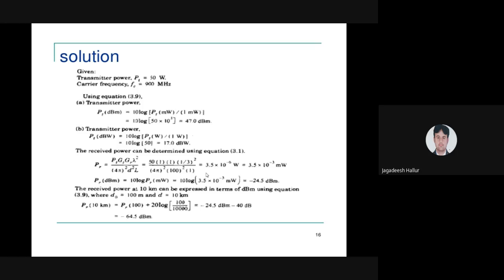You have already calculated PR of 100, which is for the initial distance of 100 meter. That is minus 24.5, already there. You have to calculate for 10 kilometer. You just have to apply 20 log of 100 divided by 10000, and that value is minus 40.